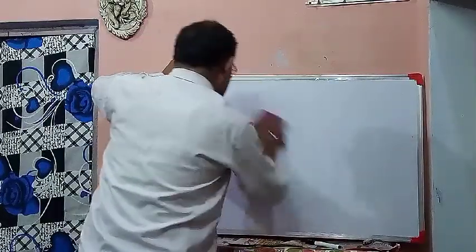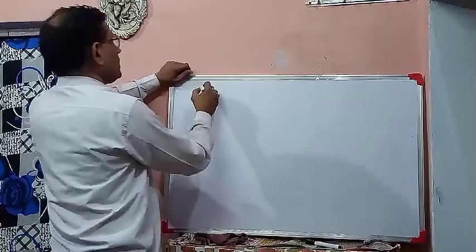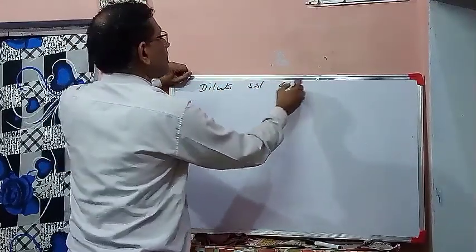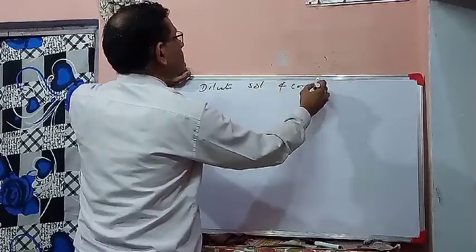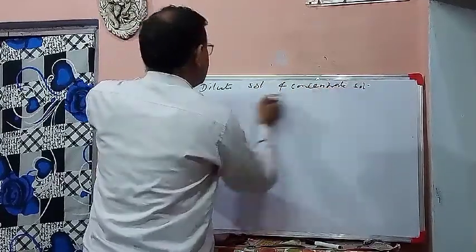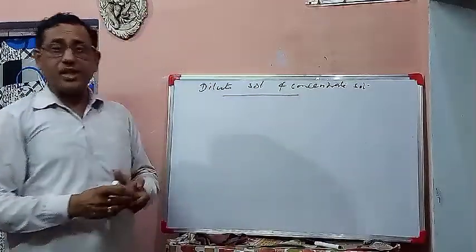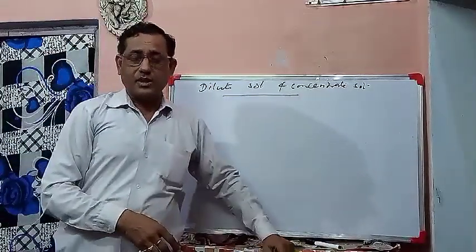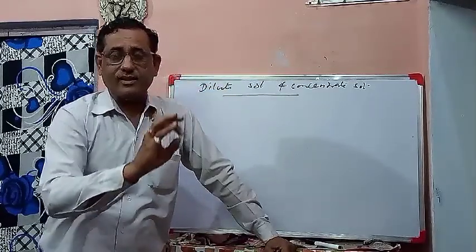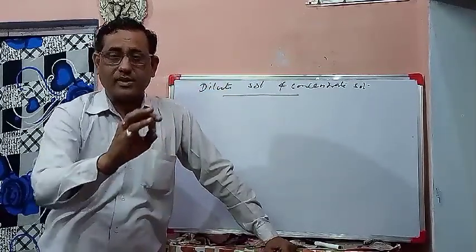Now we got some other words, the dilute solution and concentrate solution. When you go in the chemistry lab, then you say the name of reagent, the dilute HCl, concentrate HCl, dilute H2SO4, concentrate H2SO4.